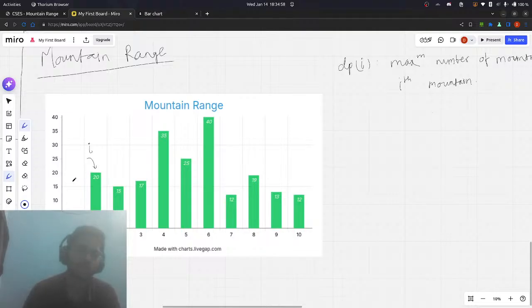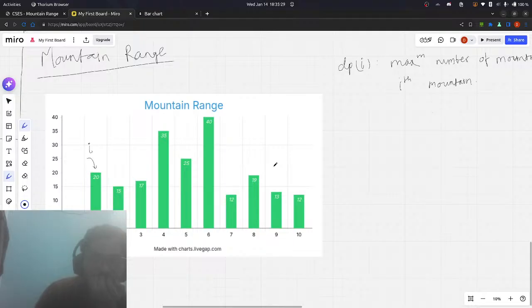That means at 0 index, the mountain range is 0. It is not a base case basically, but it is there for calculation purposes only. We are doing it one index based. Okay, how do I do it in n square? I'm sure it is possible to do it in n square.